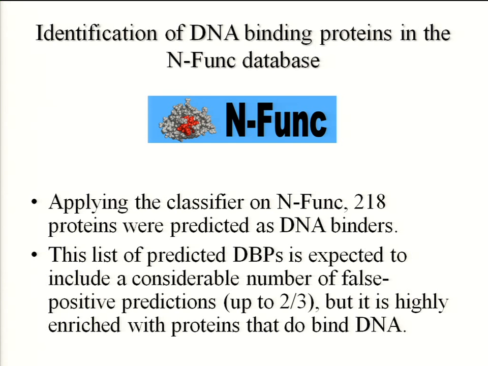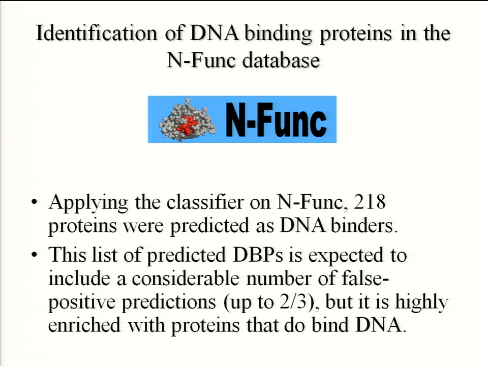So based on the false discovery rate, that's the kind of number that you would expect. So presumably, a lot of the predictions are false positives, up to 2/3 of them. But there's also the 1/3 which is presumably real DNA binders.